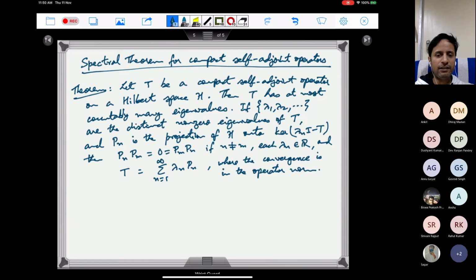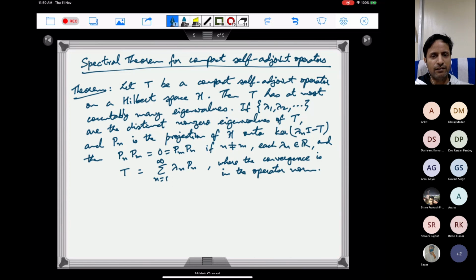So what it says is that if I look at the distinct eigenvalues, and then I look at these operators, each is like a projection onto just the eigenspace corresponding to lambda n. Then I can decompose T. This spectral theorem we also study in finite dimensions in linear algebra.